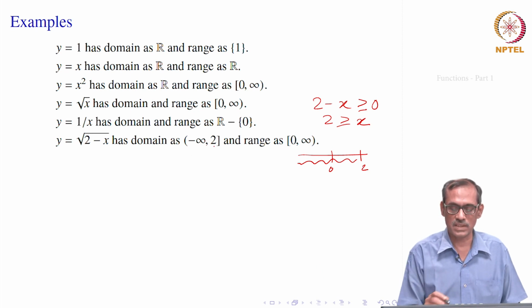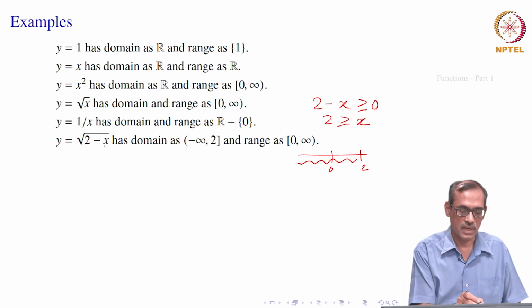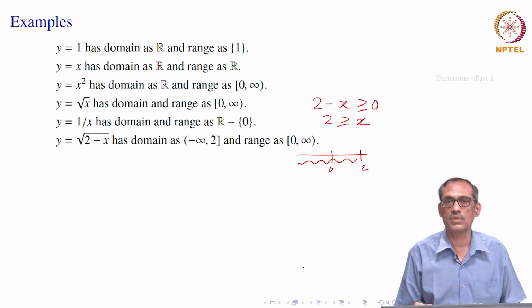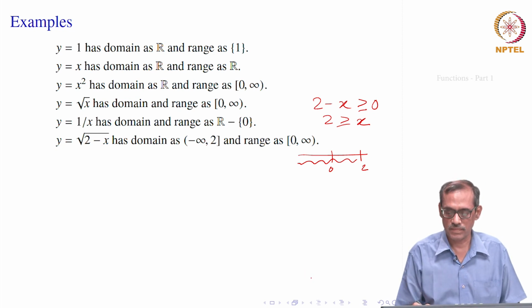So, that means it is minus infinity to 2, that is the domain, and its range can be any number, of course, but it is a square root. So, it has to be non-negative. So, the range is 0 to infinity, 0 possibly included. It is exactly equal to 0, because at x equal to 2 you will get 0. That is the only point where it is 0.